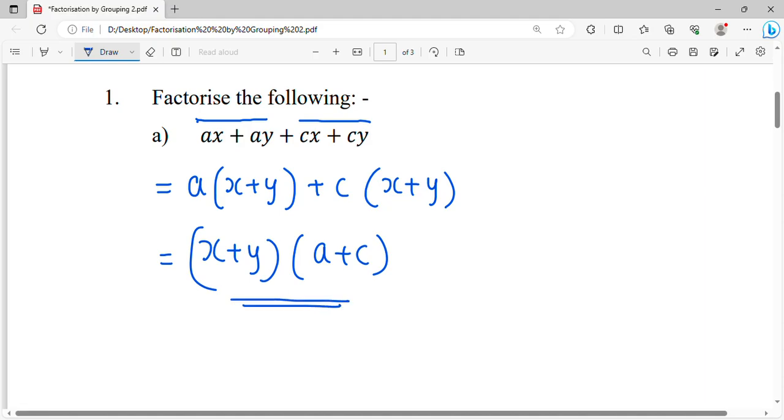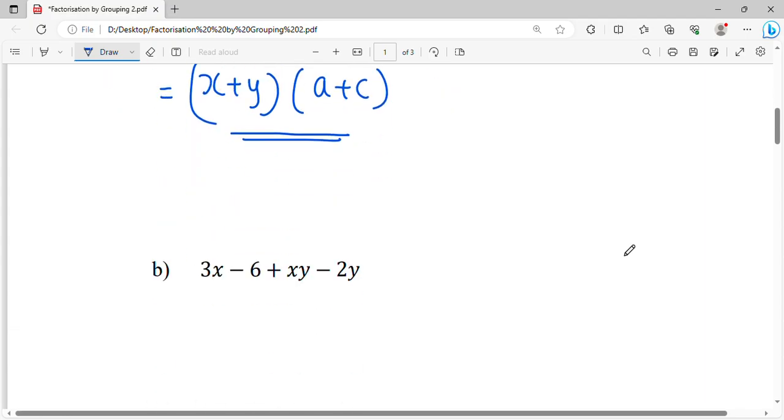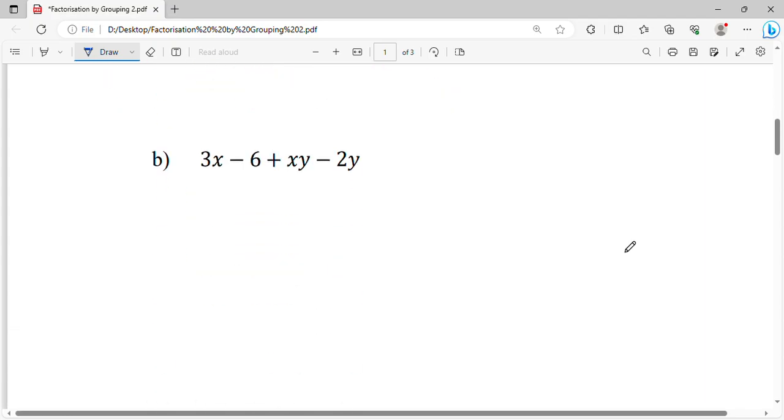So factorizing is nothing but converting the sum of certain terms into a product of certain terms, which I told you will be useful for solving equations and simplifying algebraic expressions. So let's move on to the next one. Here, what do I see? Let me group these two terms and these two terms.